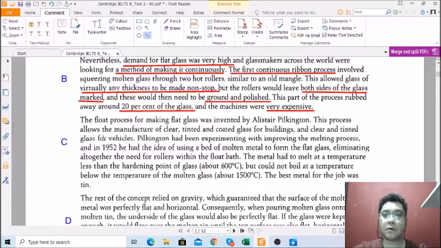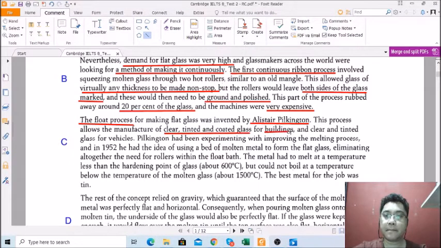Okay, now we will see this is about the float process and making flat glass, and it's by Alastair Pilkington. This process allows the manufacture of clear, tinted, coated glass, either for building and then for vehicles. Pilkington had been experimenting with improving the melting process.